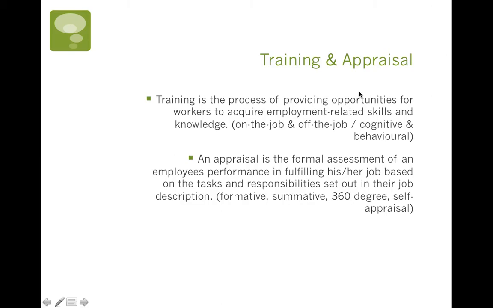The appraisal process, as part of training here, is when we actually assess employees' performance in relation to their job description. So when we appraise employees, this often is linked to training in the sense that if we go in and we visit a member of staff when they're working and we identify some things that they're not doing very well or some areas that they need to improve, we set some targets.